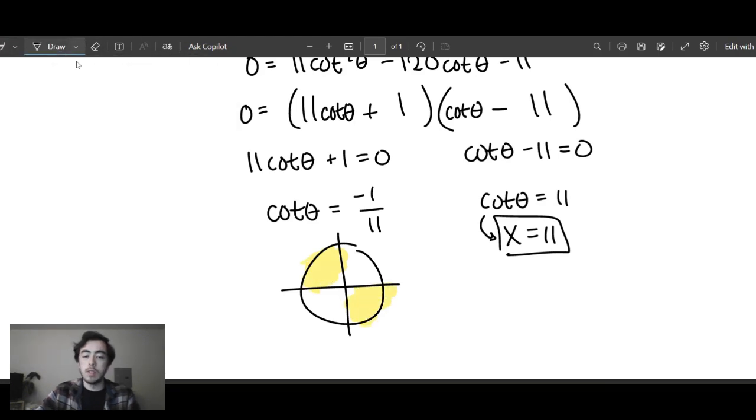That's because this fraction is composed of the opposite length and the adjacent length of my triangles, and so one of the two needs to be pointing in a negative direction. Not both, because if I have a negative horizontal distance and a negative vertical distance, then I would have two negatives and they cancel. So it's only in quadrants 2 and 4 that cotangent is going to be negative. And from the problem statement earlier today, we know that we are living in quadrant 1 and 1 only. So I found it. Cotangent of theta is 11, and it's only 11.